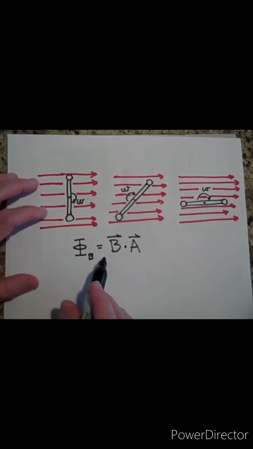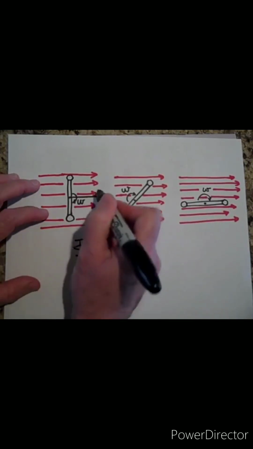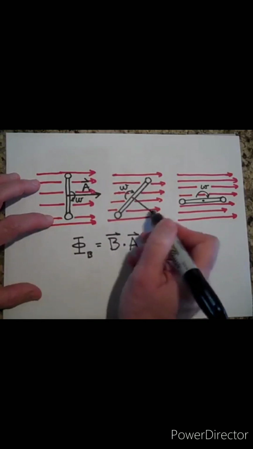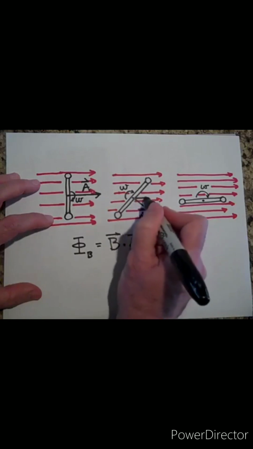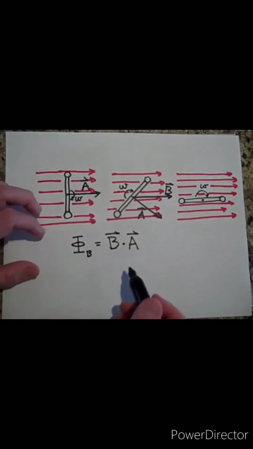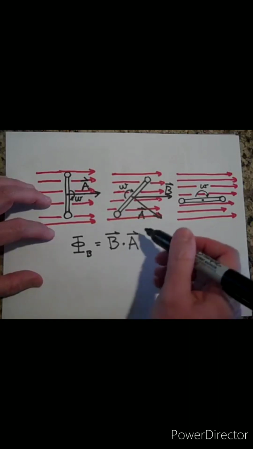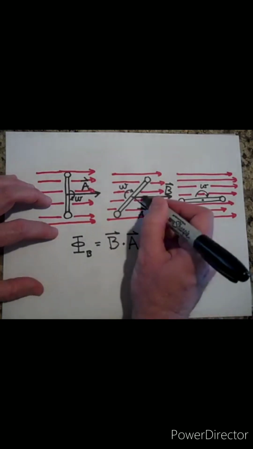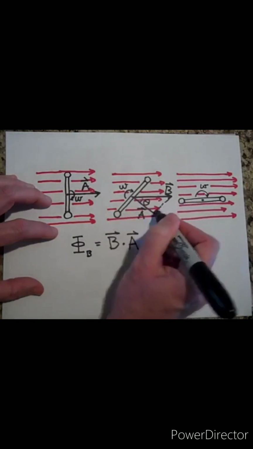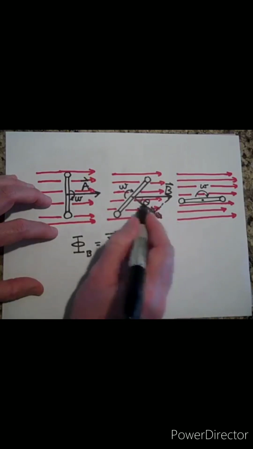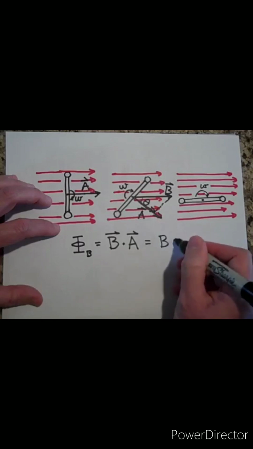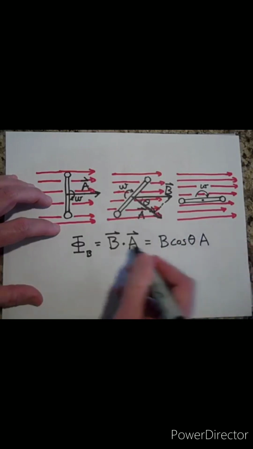And I want you to see this. In this case, the A vector will be this way. A is in this direction, and here is what's called the dot product, which takes only the part of B in the direction of A. Or you can take the part of A in the direction of B. If theta is the angle, then the component of B is B cosine theta. So that gives the same thing.